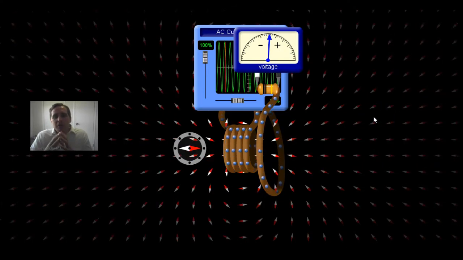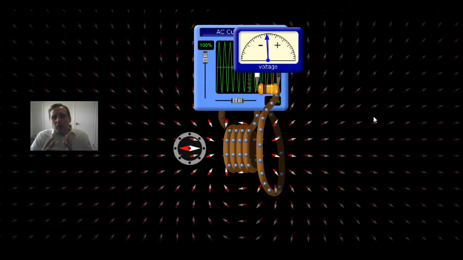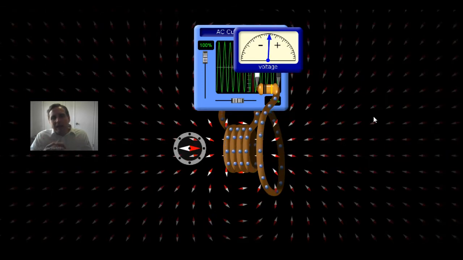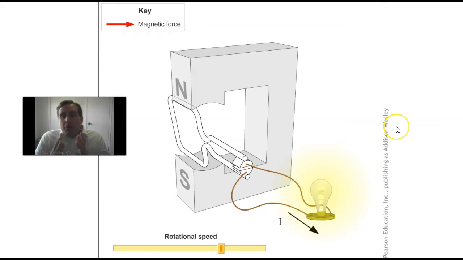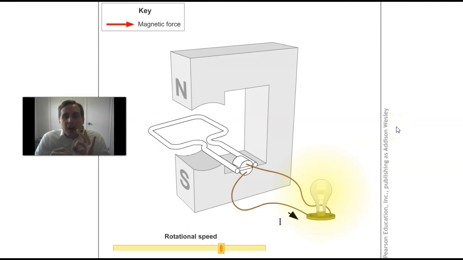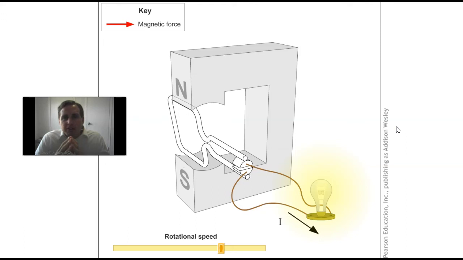Now, here's the other thing that I want to mention about why AC is so important. Alternating current is not only useful for transformers, it's also often generated by electric generators. And let's see the reason why that is coming up here in a moment. So what I would like to talk to you about now is 3 versions of an electric generator, all having the same core principle.